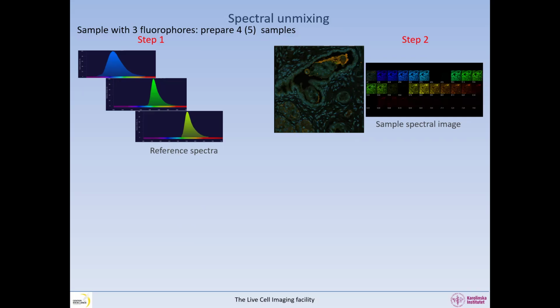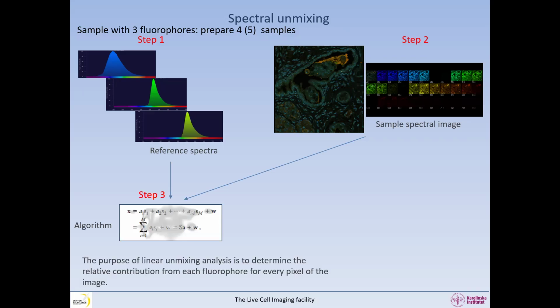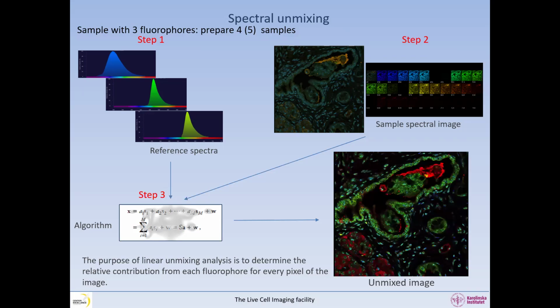But now, having the information of how the reference spectra look like, we can apply an algorithm which will determine the relative contribution of each of these fluorophores for every pixel of the image. What is the probability that this fluorophore would be in that particular pixel in your real image? And after performing the spectral mixing, you will get the unmixed image. And that's how spectral mixing is done.